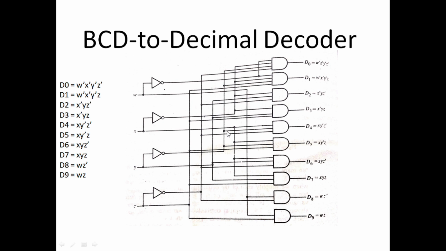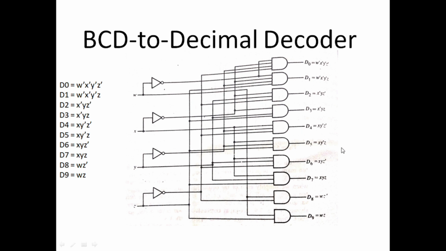Okay, so as we saw initially in the 3 to 8 lines decoder, there were 3 inputs and 2 raised to power 3 outputs. So the outputs were equal to the maximum number of outputs. But in this case, there are 4 inputs, and we could have 2 raised to power 4, which is 16 outputs.